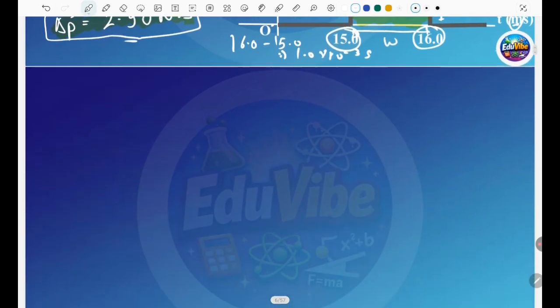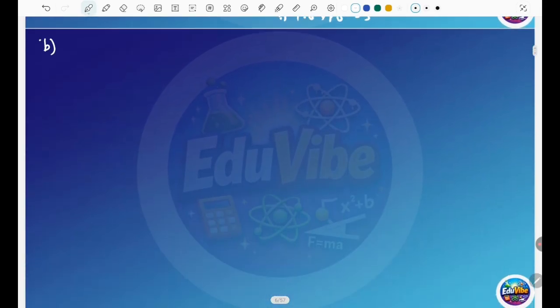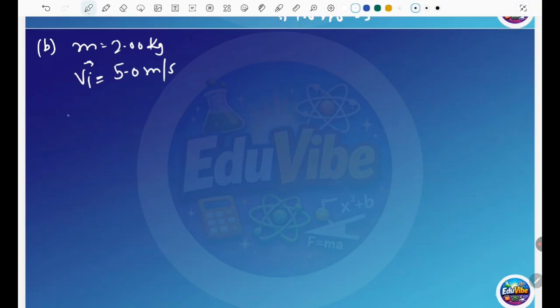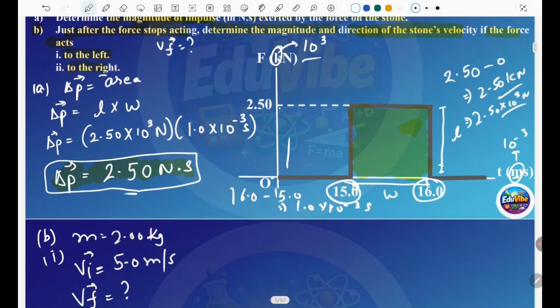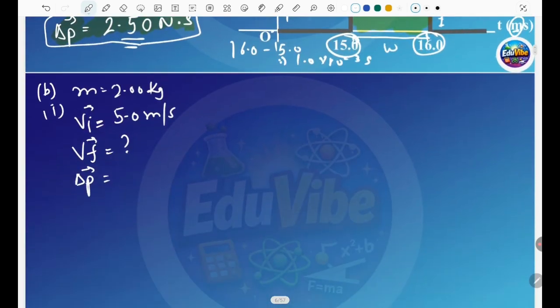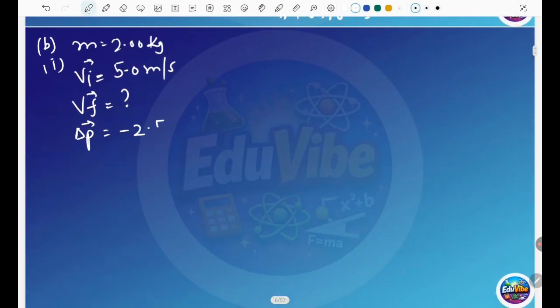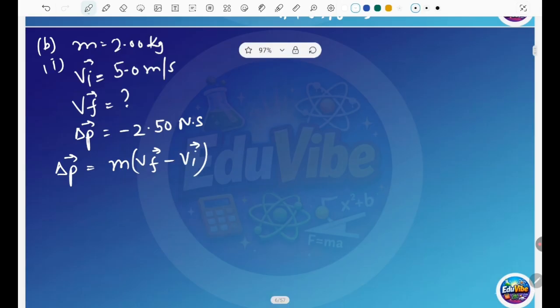This is how you deal with this type of question. You have mass of 2.00 kg, Vi of 5.0 meters per second, and you have to find the final velocity. For the first case, the force is to the left, so you take the change in momentum as minus 2.50 newton seconds. You know that this is equal to mass into delta V, which is Vf minus Vi.